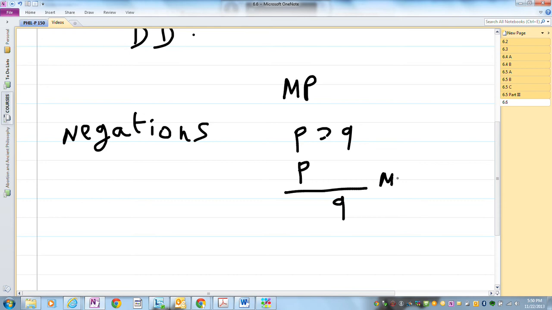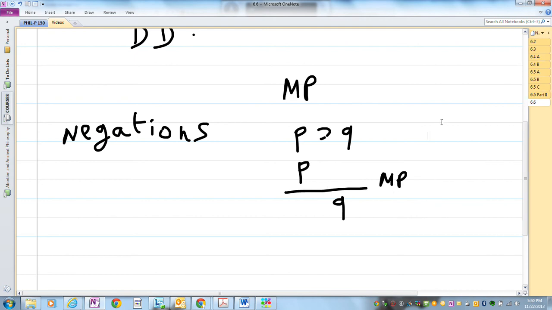Okay. This is very intuitive. It's something that you've used a million times. If it rains, I'll bring my umbrella. It rains, therefore I'll bring my umbrella. So an instance of modus ponens here would be: if it rains, then I'll bring my umbrella.